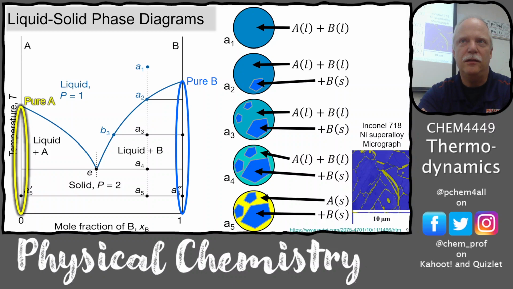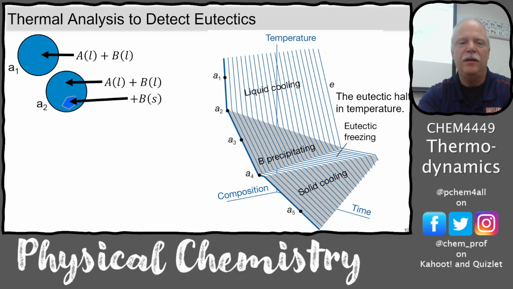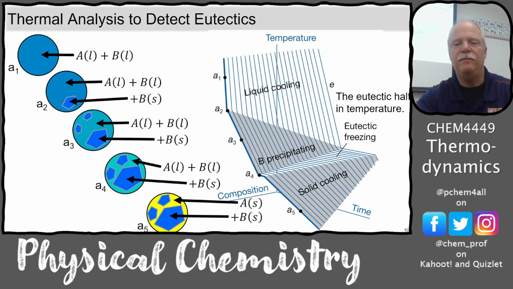Any questions on this? Let's look at the temperature curves. So up here, these are the same letters, A1, A2, A3, A4, and A5 from the previous diagram. And these are different, each line is a different composition here.